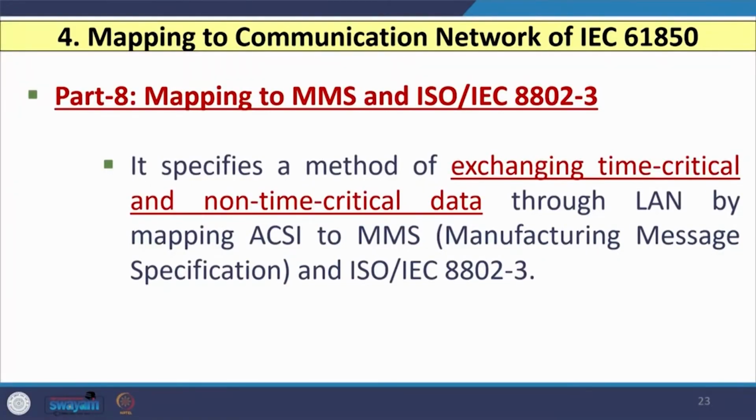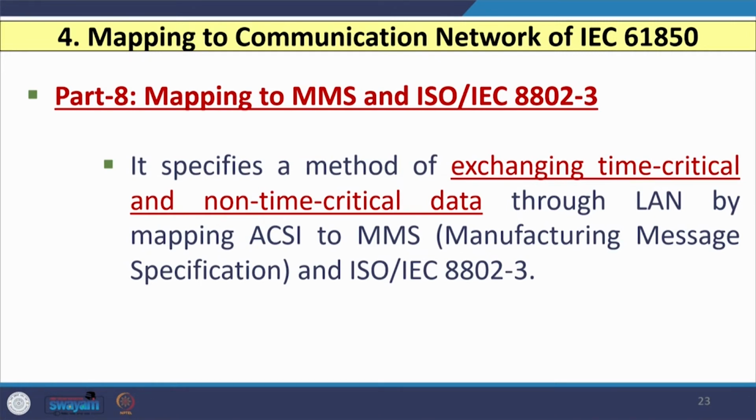Now, let us see the fourth part, that is mapping to communication networks of IEC 61850. In this part 8, it is related to mapping to MMS, which is manufacturing message specification, and ISO/IEC 8802-3.